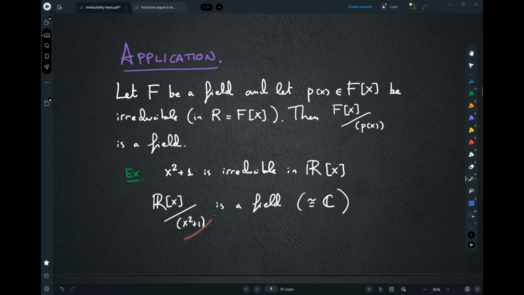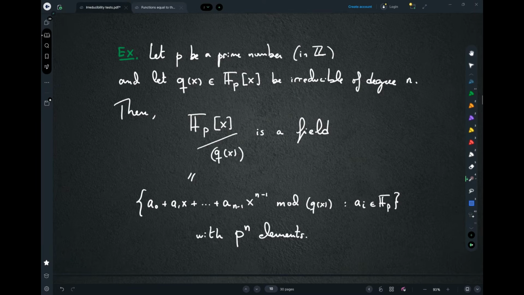And in fact, this is none other than the complex numbers. So this field is a model for the complex numbers. And more interestingly, in my opinion, is the following. Let p be a prime number in the integers, and let q of x be a polynomial with coefficients in F_p. F_p here is, for example, Z modulo pZ, so it's the field with p elements.